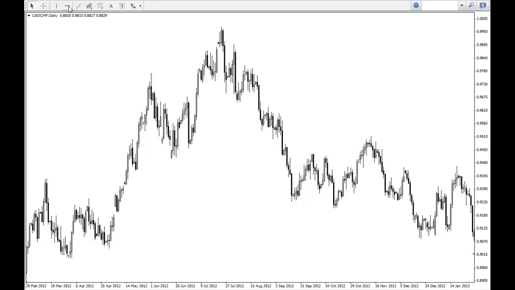The way we use it, and let's put them on the chart so you can see it.